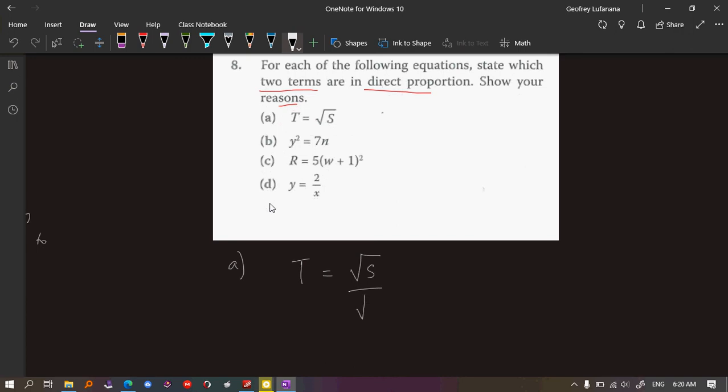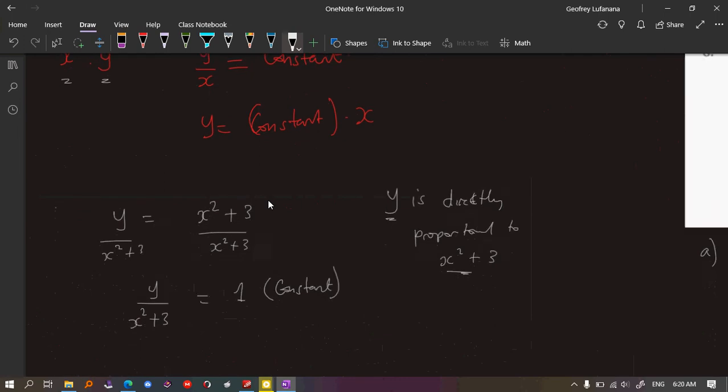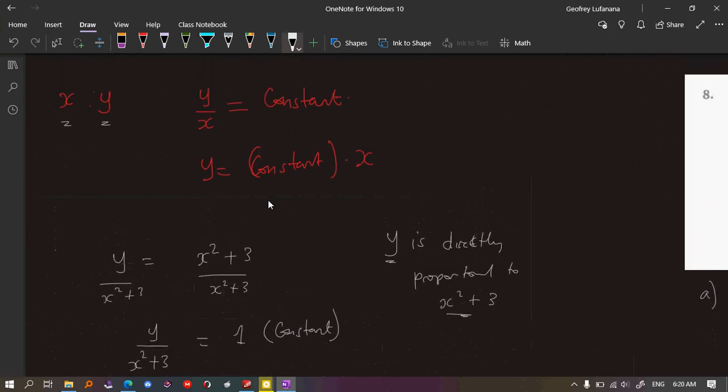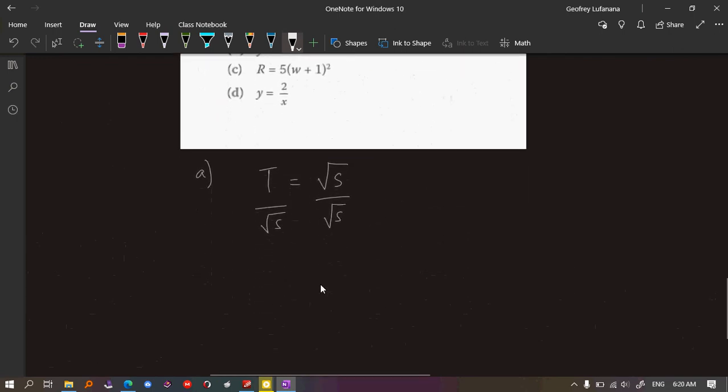So I'm going to divide by square root of s, so that on one side I have the condition that if I divide any two variables, I should have a constant. That's why I'm dividing by root s on both sides.